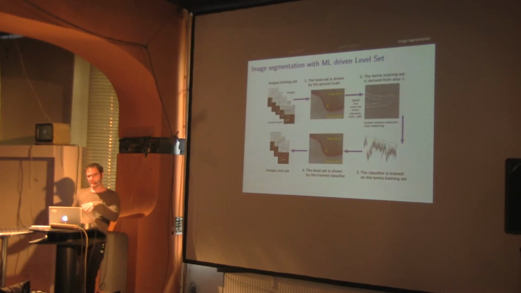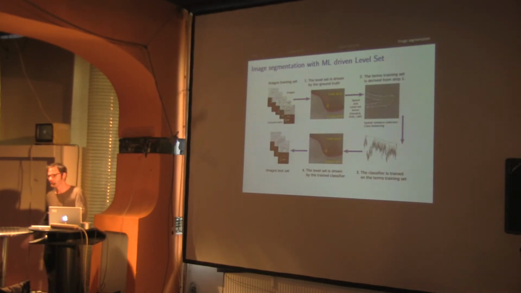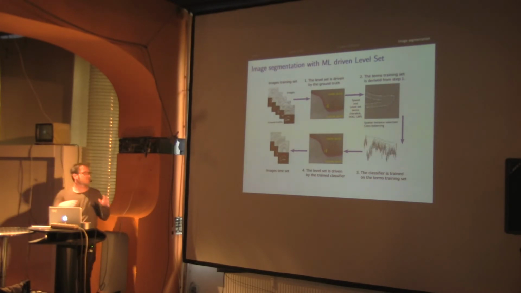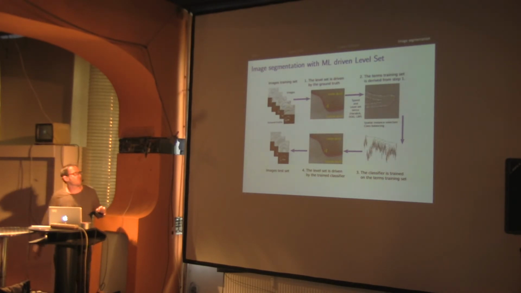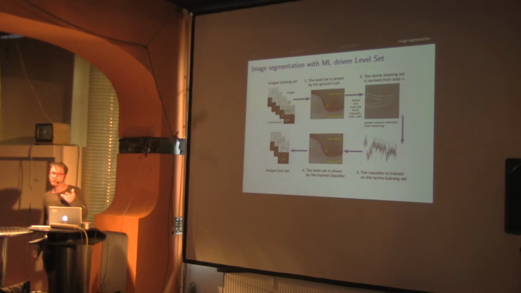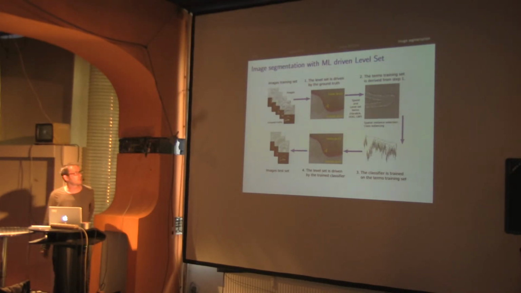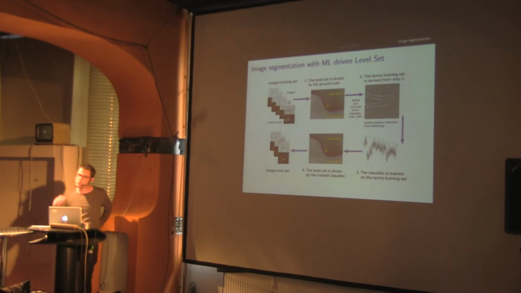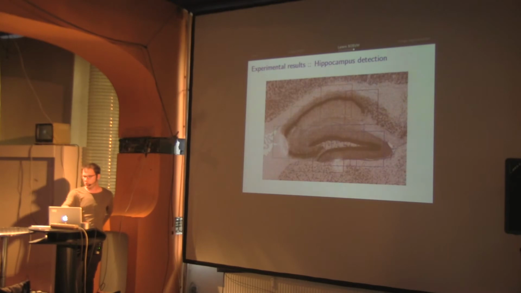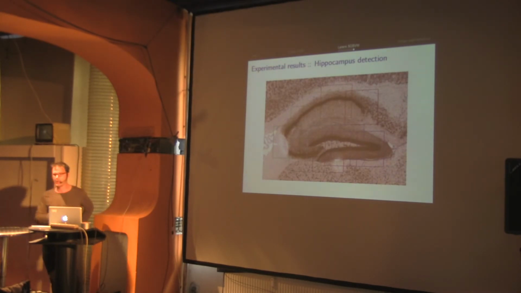On top of this, we created a quite complex pipeline, using this pre-knowledge of localization. So we localize the object or the organ, whatever you call it. Then using this localization, we use a fine-grained segmentation like level set, but you could use any kind of segmentation.